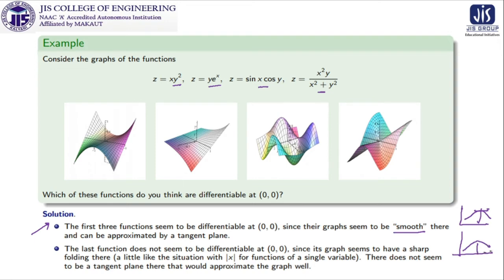You get sharpness at this point and smoothness over here. That is why, for a function of a single variable, it is differentiable at a smooth point, but if there is a sharp edge at a point, you will not be able to get differentiability of that function there.